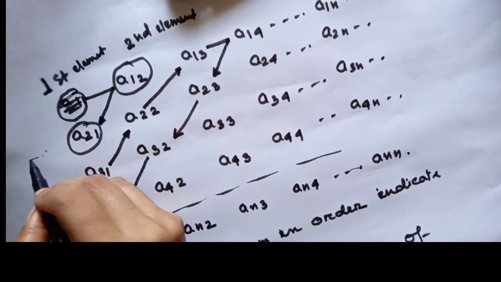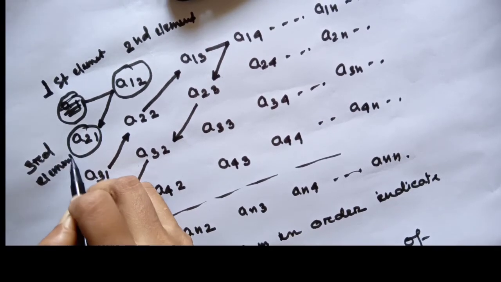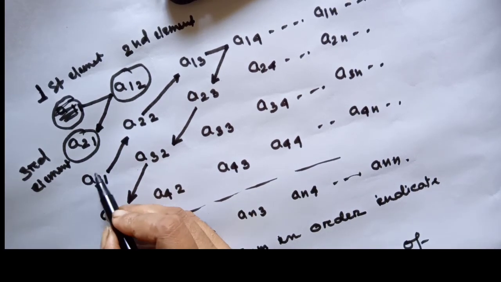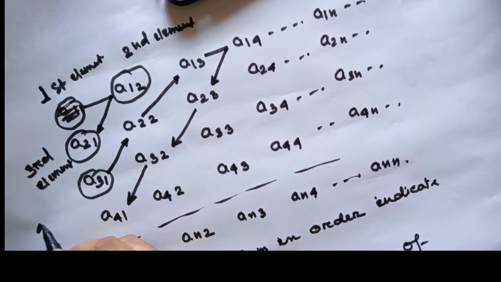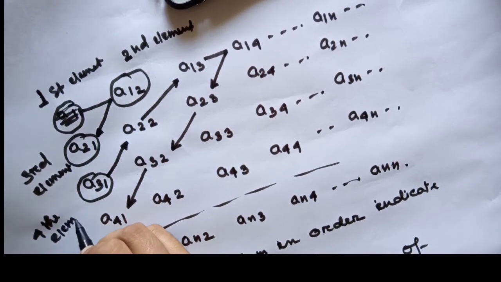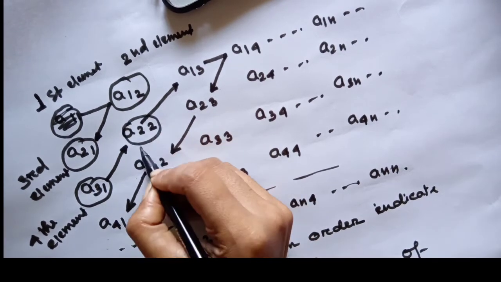A21 will be the third element. A31 will be the fourth element. A22 will be the fifth element.